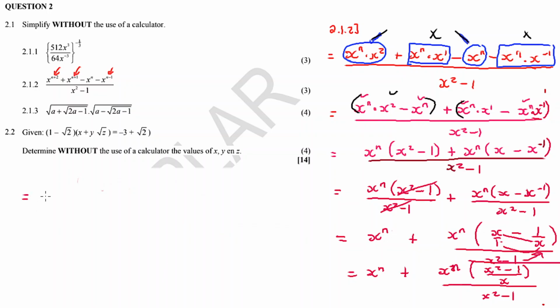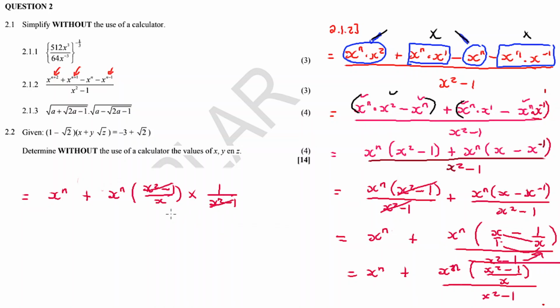Then we continue. 3 marks for this. Okay, back. Hear me out, I'm just breaking it down so that you understand. X exponent n plus x exponent n. Then we do it tip and times: in bracket x minus 1 over x multiplied by 1 over x squared minus 1.